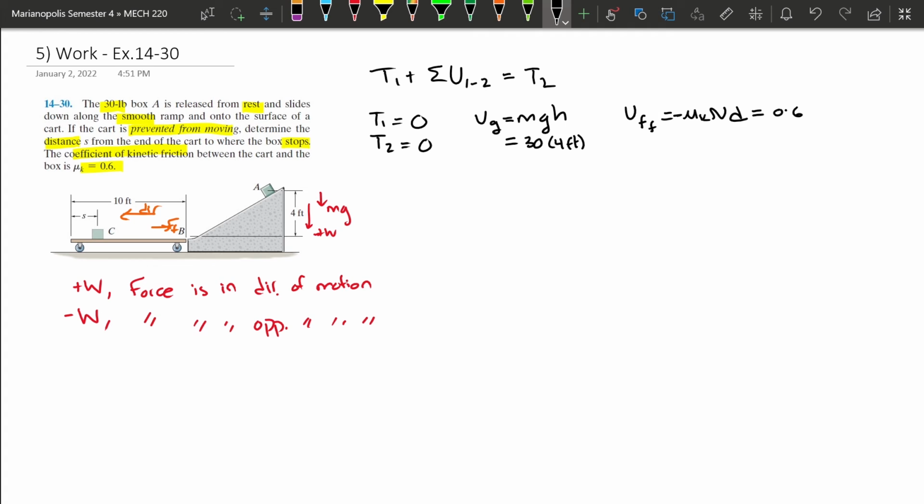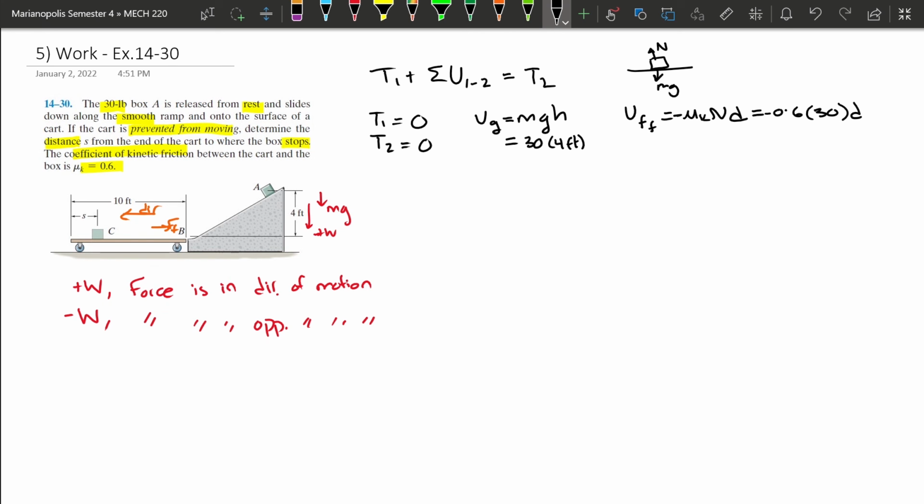Oh, I should have a negative. N is 30, right? Because if you were just to do a little free body diagram, mg, and this would be N when it's on the ramp, right? And d is what we're looking for.